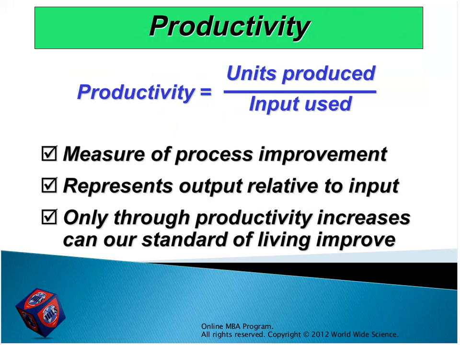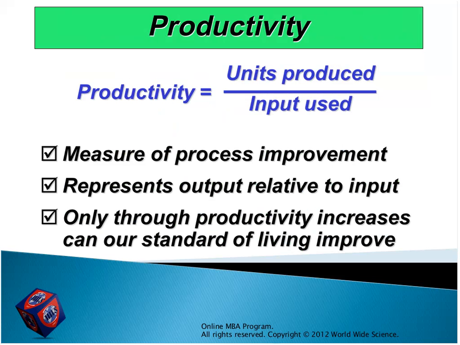Productivity formula. Productivity is calculated, as I told you, as the units produced divided by input used. It is a measure of process improvement. On the other hand, it represents output relative to input.